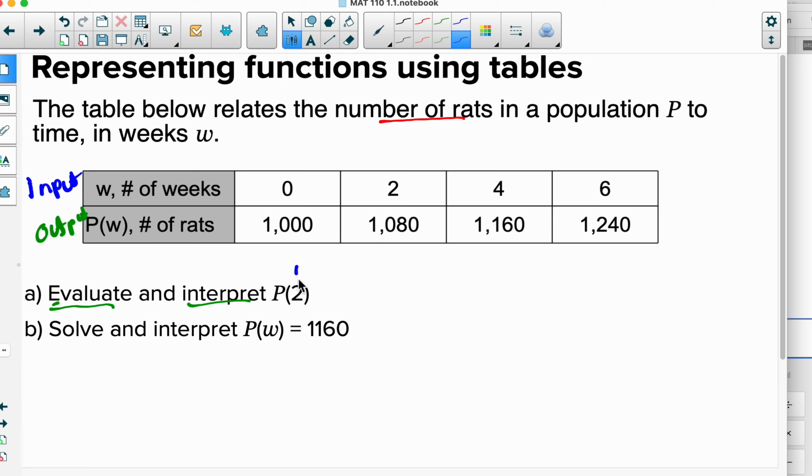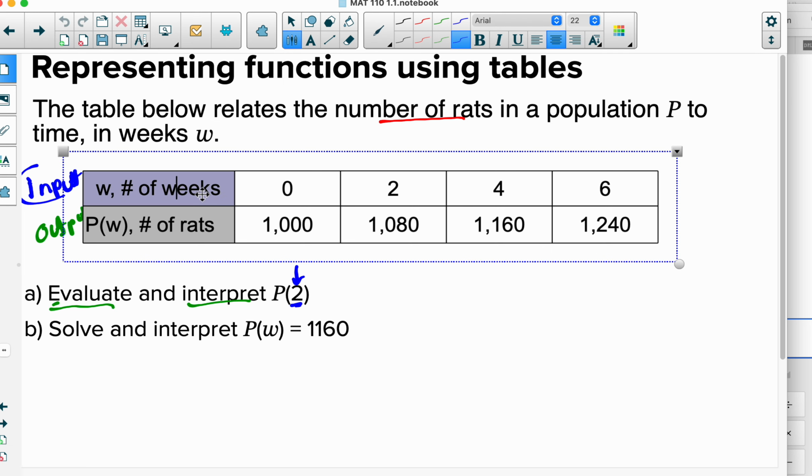Well, my input is inside the parentheses, so that means I'm going to go, here's my inputs. I'm going to travel over till I find 2, and then I'm going to read the table that is equal to 1080.